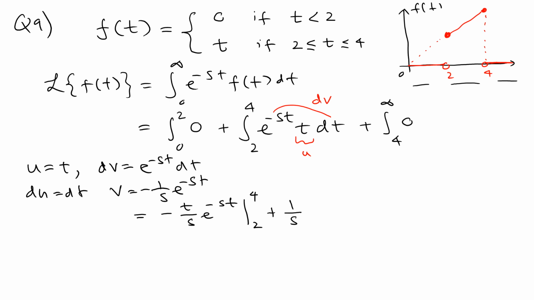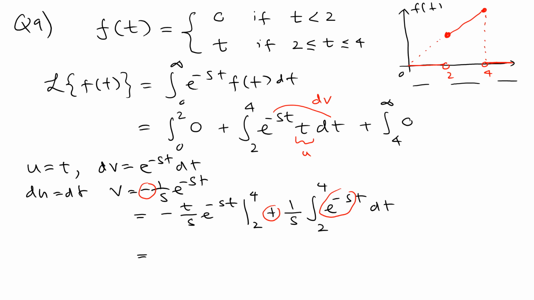It can be plus because of the negative sign. So 1 over s, and then the integral from 2 to 4 of e to the negative st dt, and you can do this integral again because s acts like a constant.